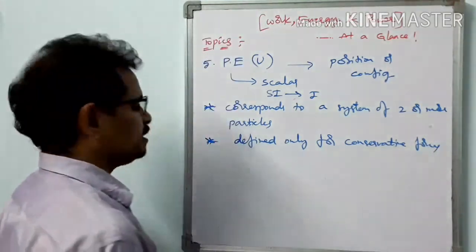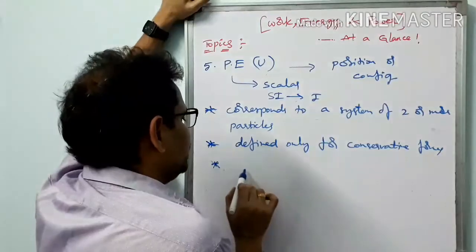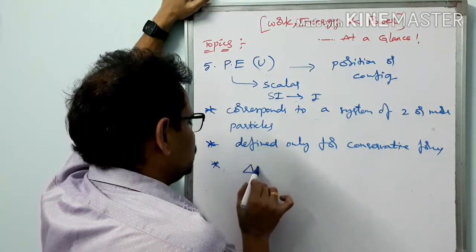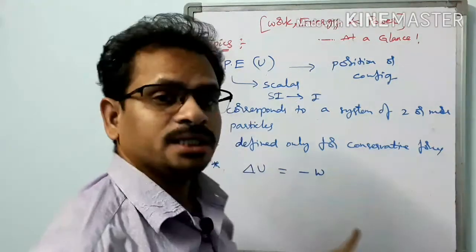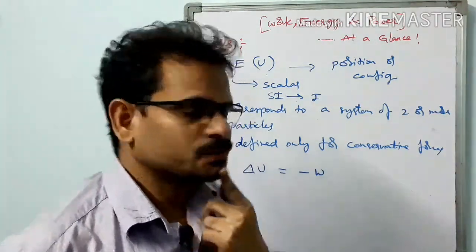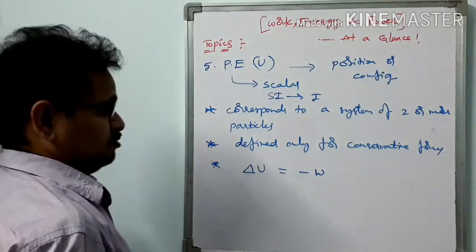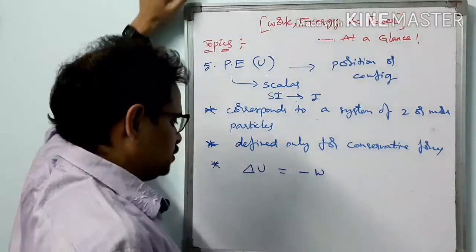Got it? Next one is the change in potential energy is always equal to the negative of the work done by the conservative force.